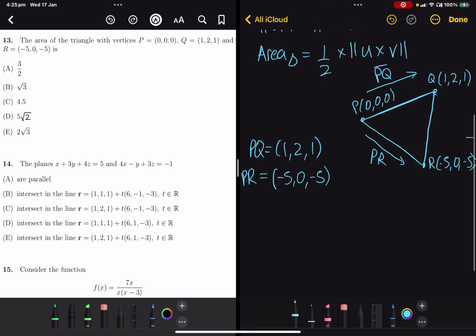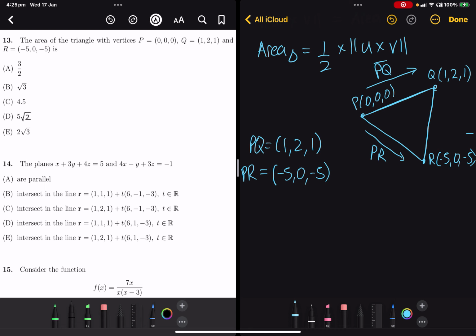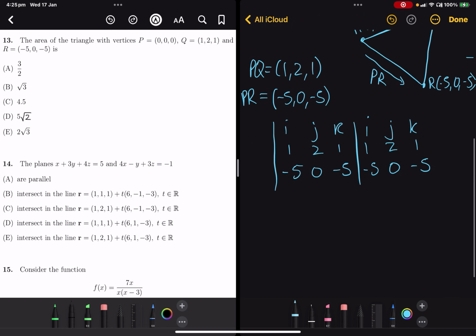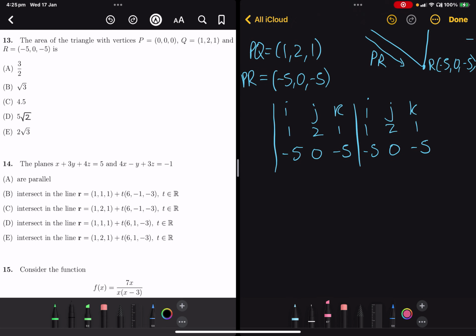And so now the area of the triangle is going to be 1/2 times the norm of the cross product of these two vectors. So now we need to do the cross product. We'll use the Sarrus rule: i, j, k, first vector 1, 2, 1, second vector -5, 0, -5, and repeat them. Now in the Sarrus rule, we multiply the numbers together in these three diagonals, then add them together.